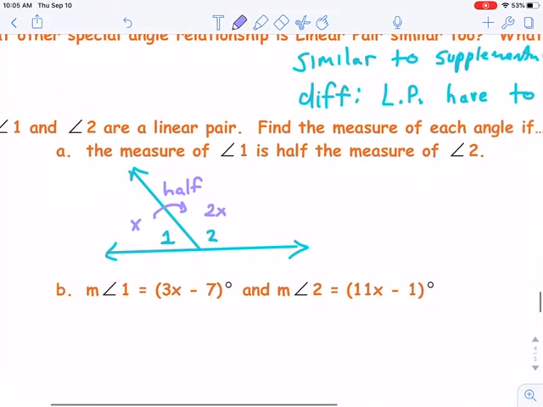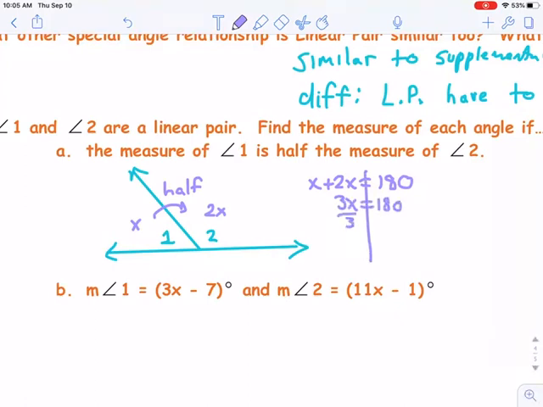So then I can say x plus 2x. Since they are a linear pair, they are supplementary, so they add up to 180 degrees. And I have x plus 2x equals 3x. Divide by 3. And x equals a very famous number, 60 degrees.